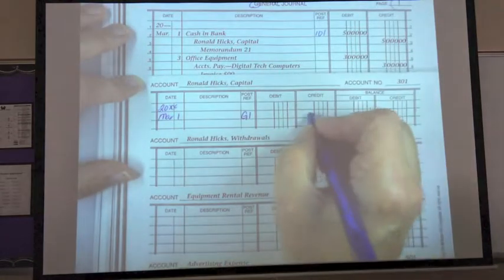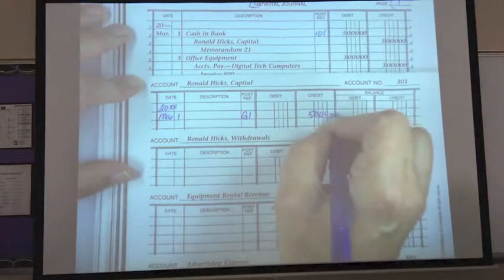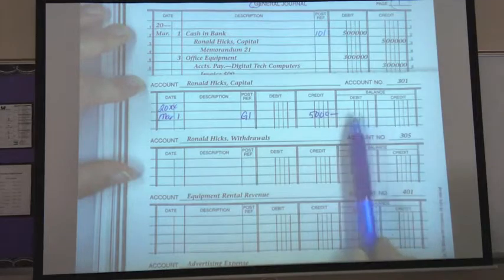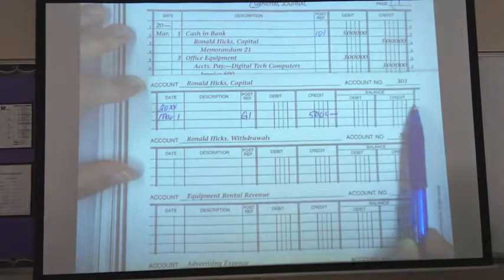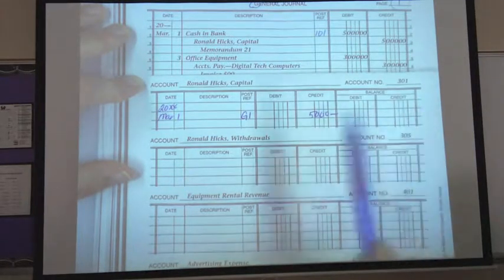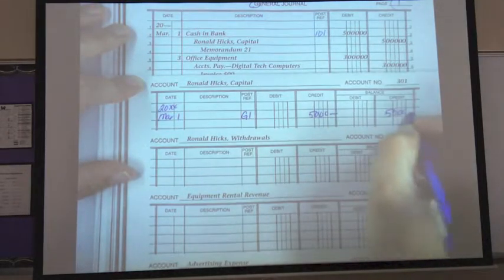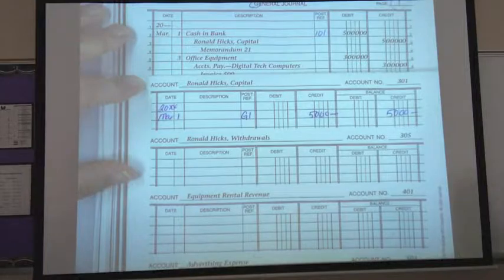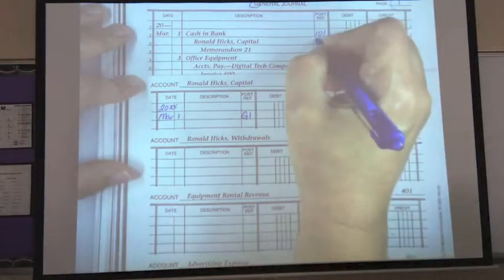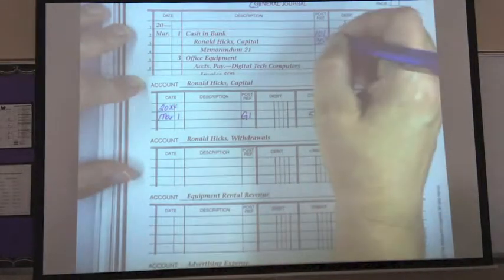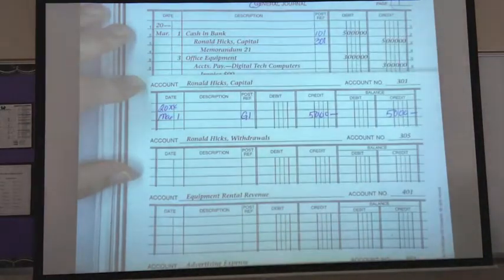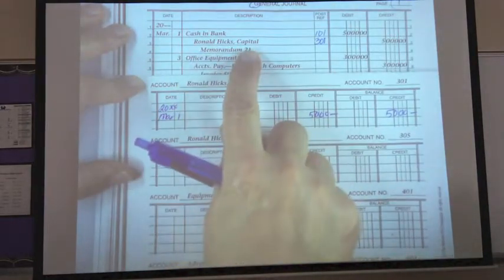It was a credit of 5,000. And then we take a look at our balance. Did we have a balance before? No. So 0 plus 5,000 means that we have a balance of 5,000 in our capital account. And then the last thing you're going to do is record 301 in the post reference. You don't have to do anything with the memorandum line.